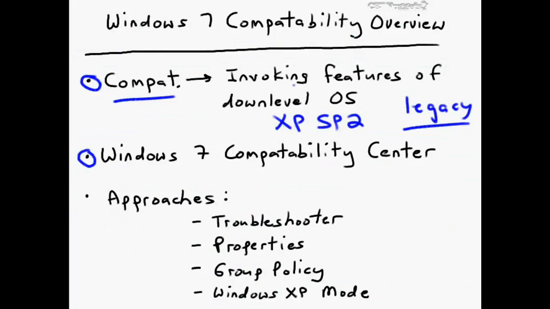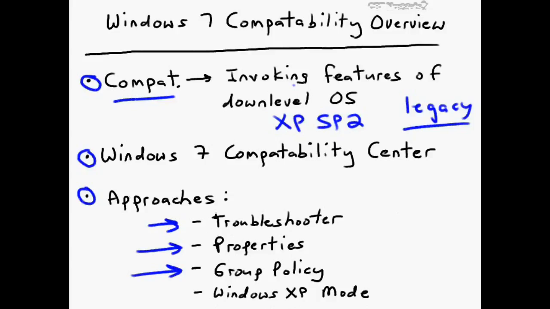Back to our whiteboard and the stuff that is going to be on the exam. The basic approaches to troubleshooting application compatibility in Windows 7 that we're going to cover include the following. First, we have the Program Compatibility Troubleshooter, which is a direct descendant of tools that were introduced in Windows Vista. We'll then look again at a technique that was around in Windows Vista and has just been refined quite a bit in Windows 7, where we can customize the properties sheet of an application and manually set a compatibility mode.